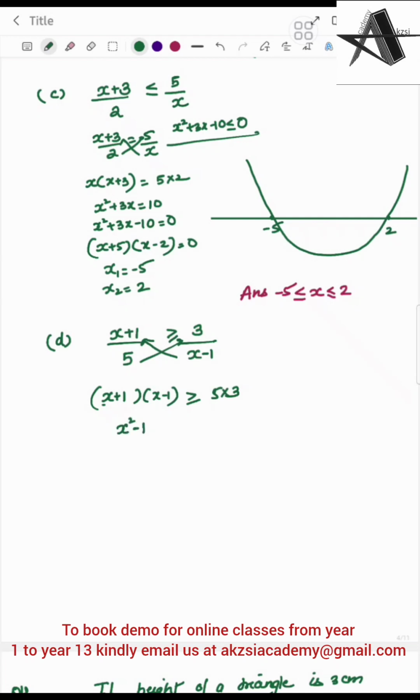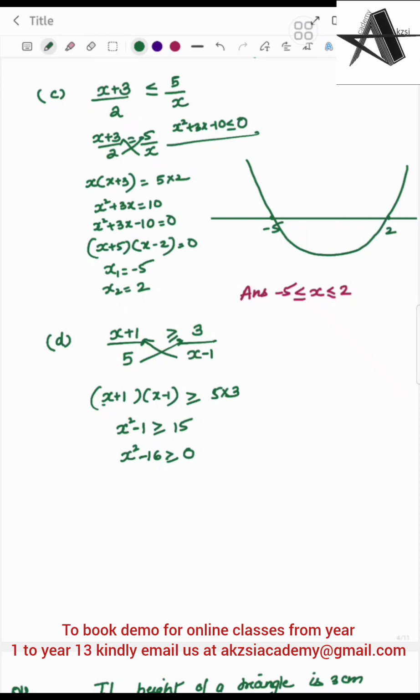If you simplify (x plus 1) times (x minus 1), you will get x squared minus 1 greater than or equal to 15, or x squared minus 16 greater than or equal to 0. If you bring 15 to the left hand side, it will become negative. This is your final inequality.